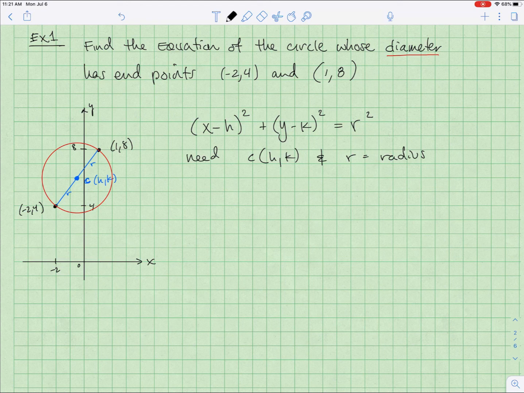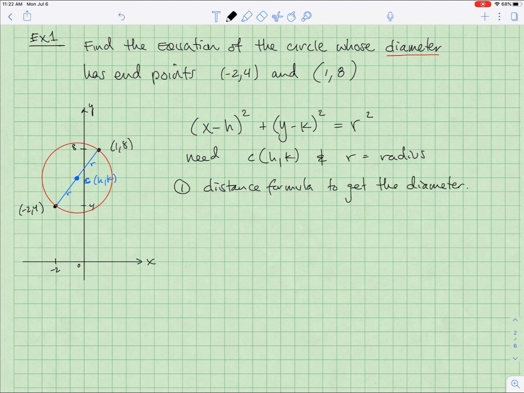How are we going to do that? Well, 2 basic ideas from really early on in this course. Number 1, the distance formula to, in this case, get the diameter is one way to go about it.